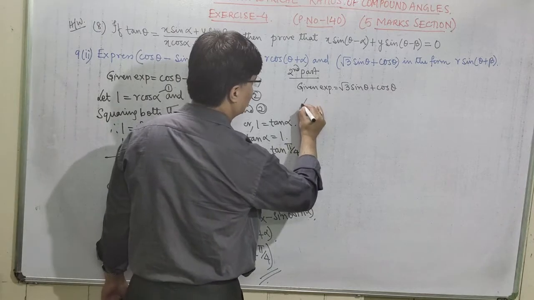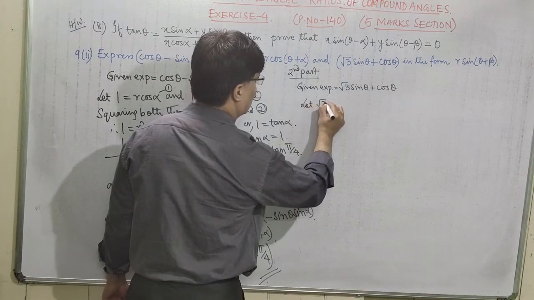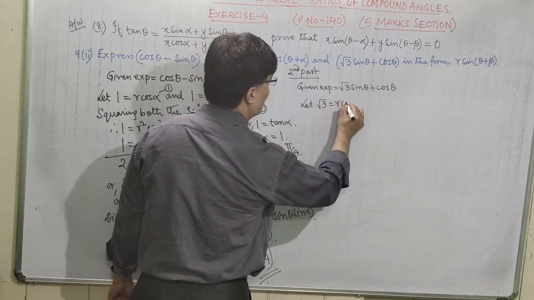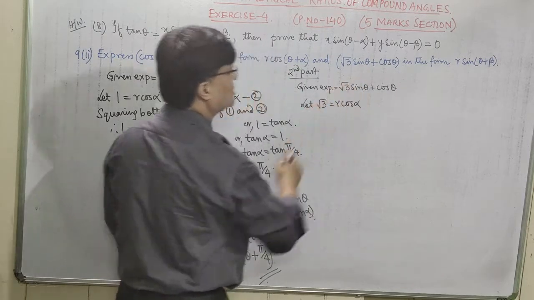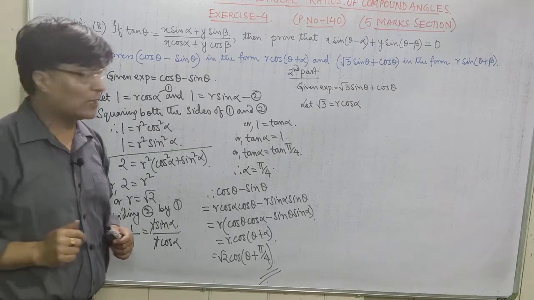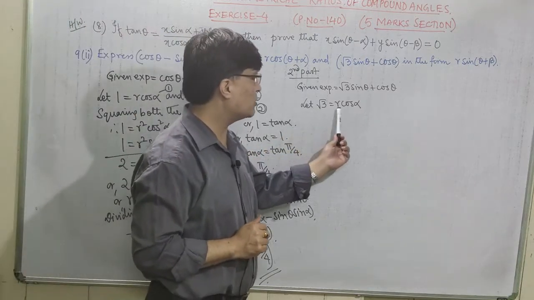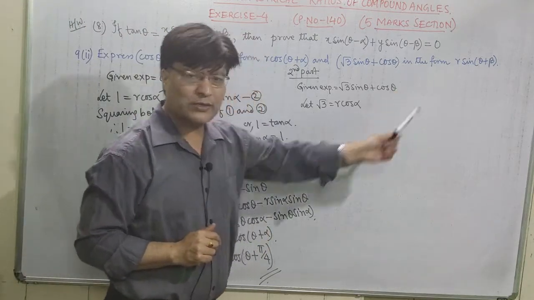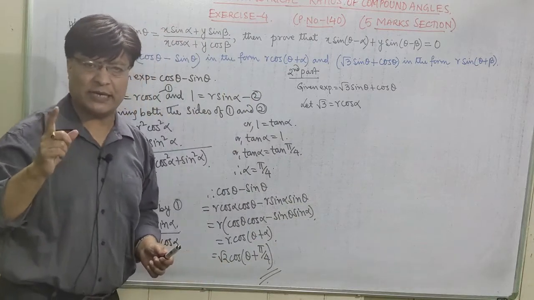So let us assume, let root 3 is equal to r cos alpha. Since you have to express it in the form of r sine of theta plus beta, let us assume root 3 is equal to r cos alpha. So what is the formula for sine of theta plus beta?